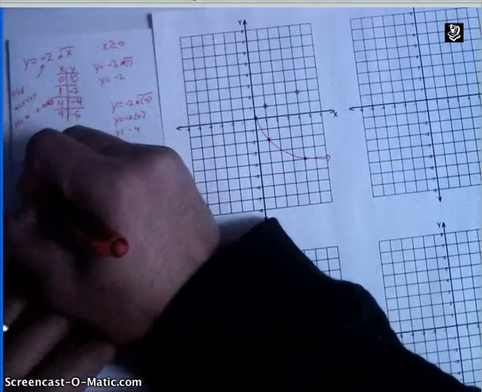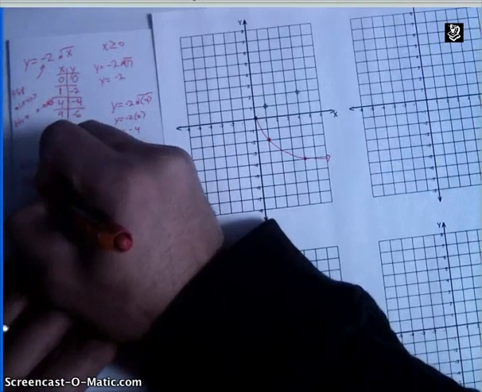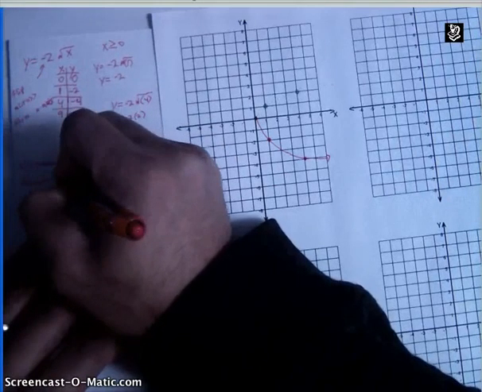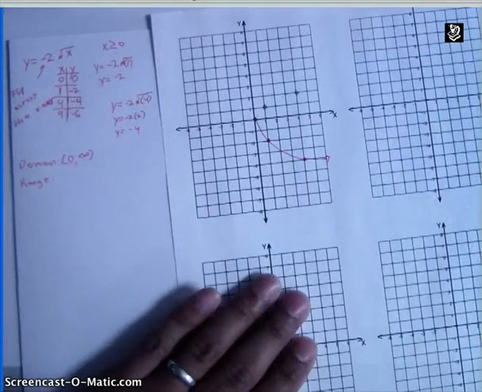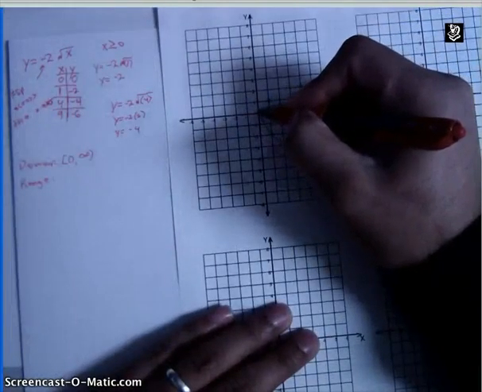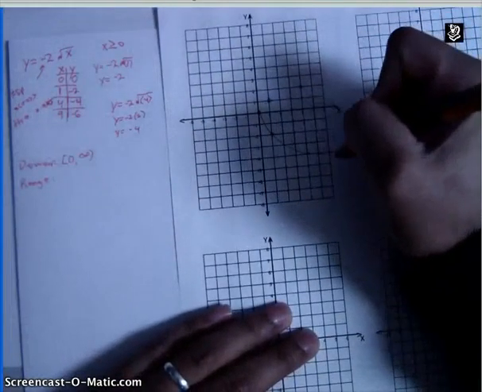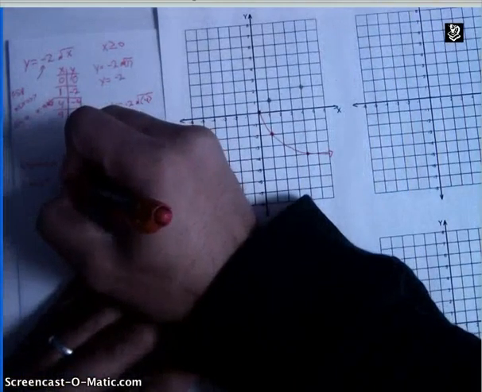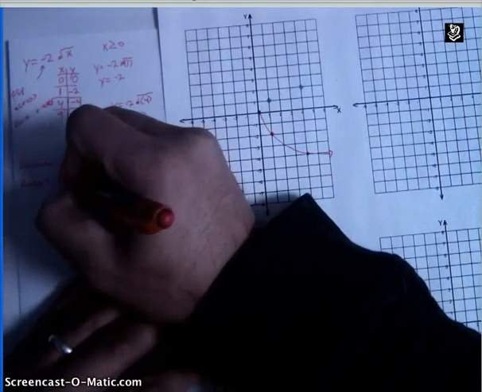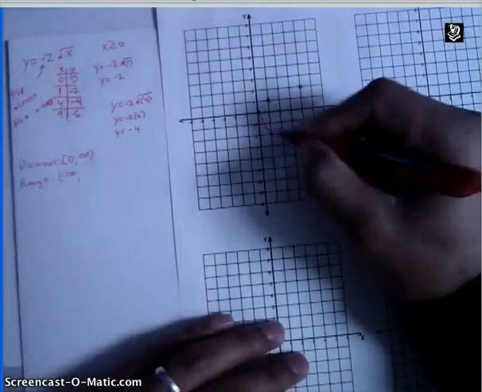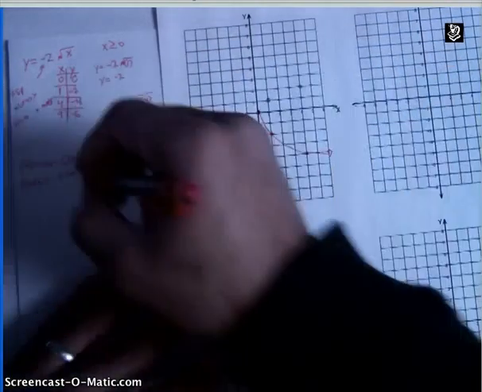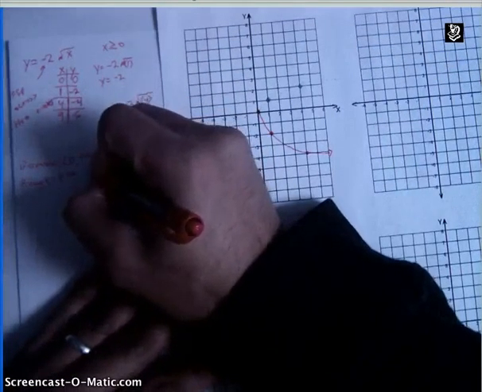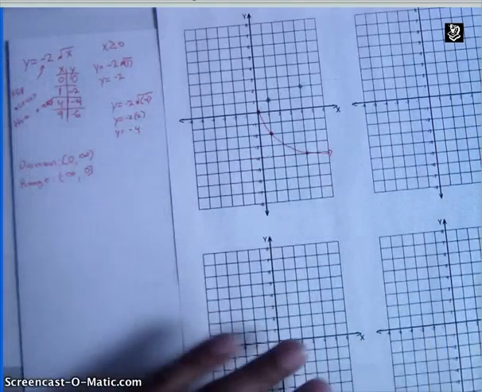For my range, I'm looking at my up and down, which is my y values. I know I'm coming from the bottom, so that has to be negative infinity, and then I stop at a top point of 0. So bracket 0 for this one, for my domain and my range.